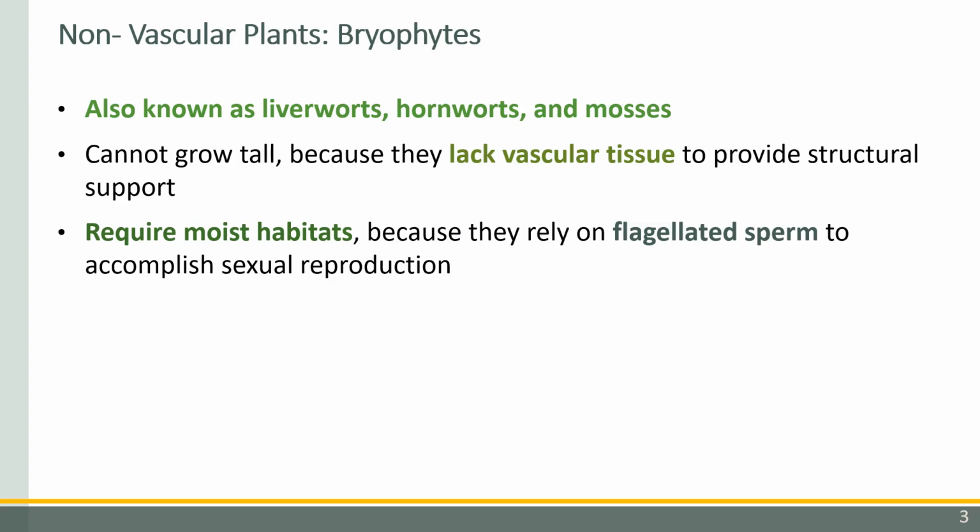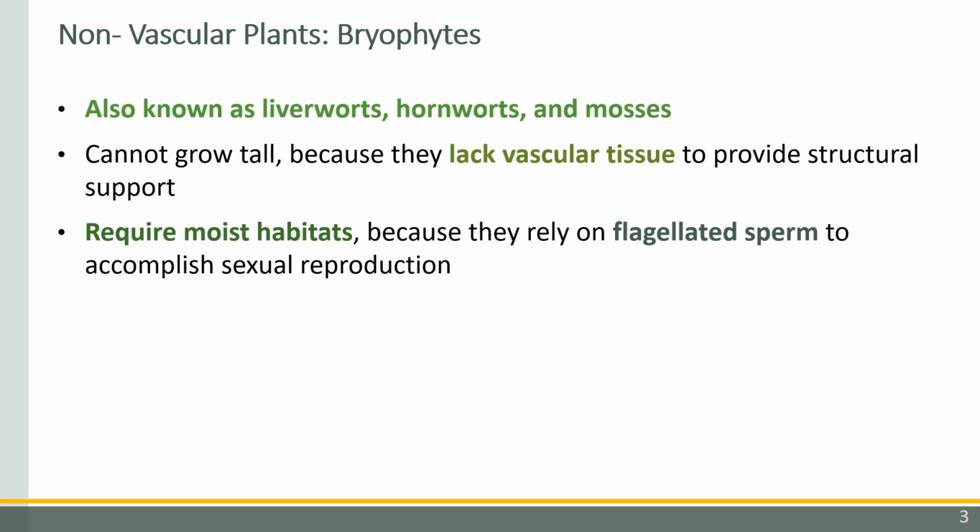And as plants started to move out of the water, it quickly became apparent that being able to move nutrients through the plant was a great way to conserve that water. But our early plants didn't have this type of system.